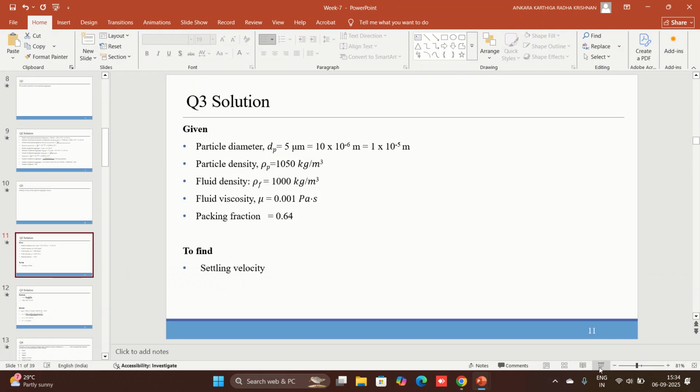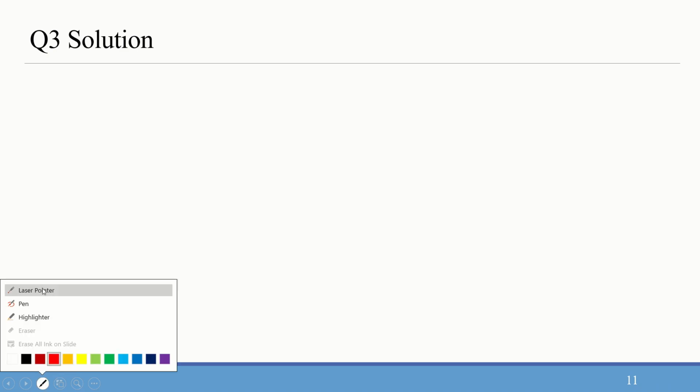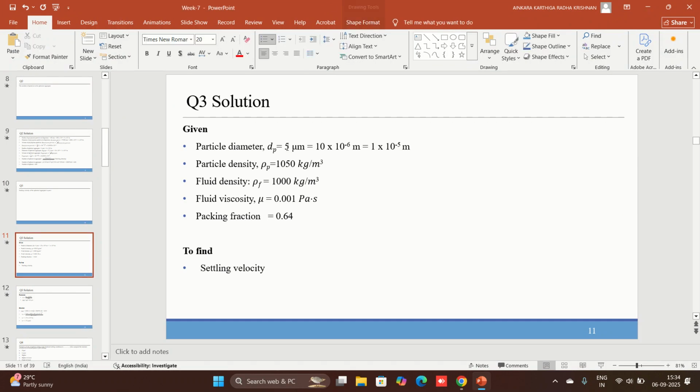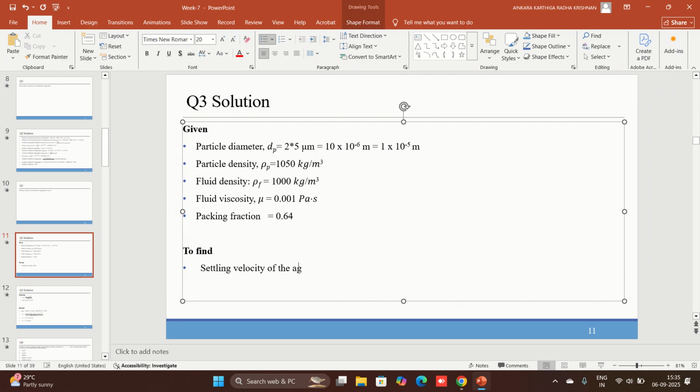The particle diameter is 5 micrometers, so 2 times 5 micrometers, that is 10 power minus 5 meter. Particle density is 1050 kg per meter cube, fluid density is 1000 kg per meter cube, fluid viscosity is 0.001 pascal second, and packing fraction is 0.64, and we need to find the settling velocity of the aggregate.